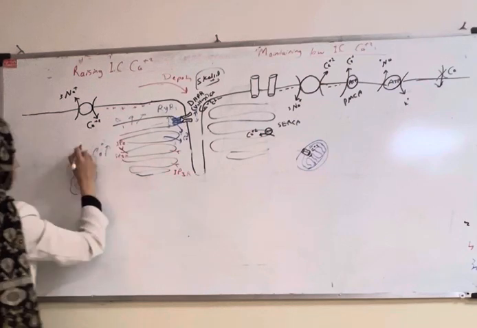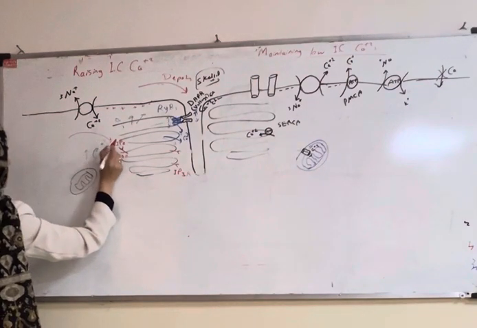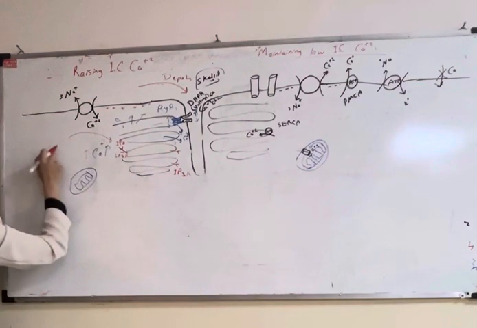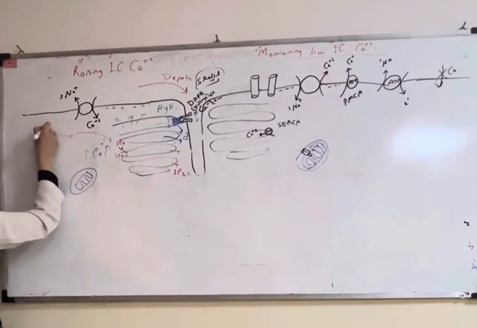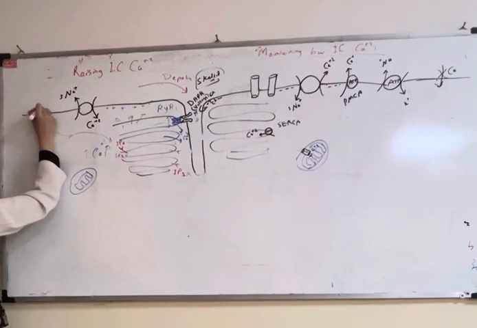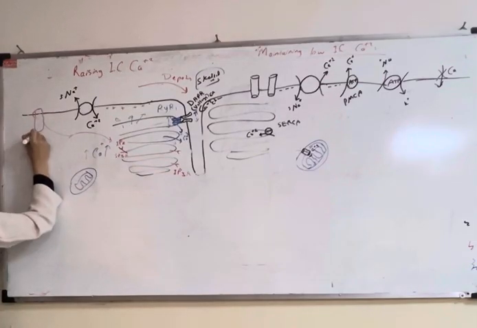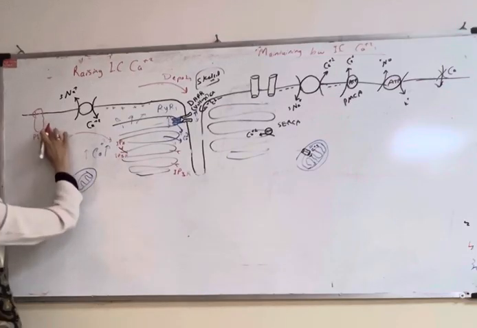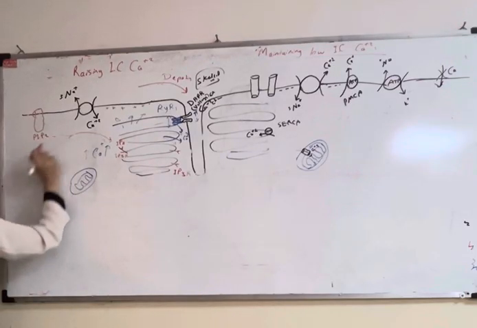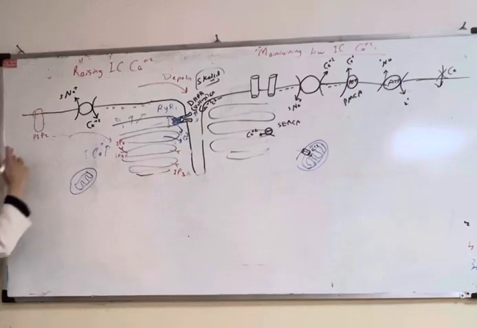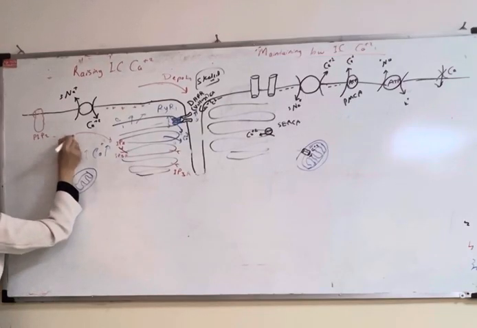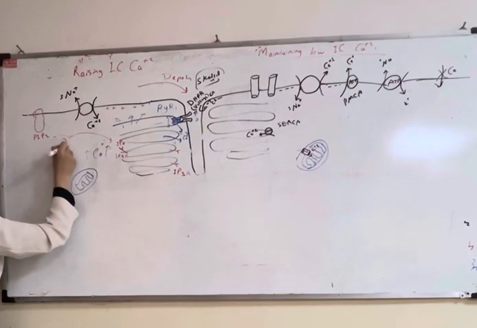IP3 will form by cleavage of what? Of phospholipid of the membrane, phosphatidylinositol diphosphate. There will be cleavage to IP3 and diacylglycerol.